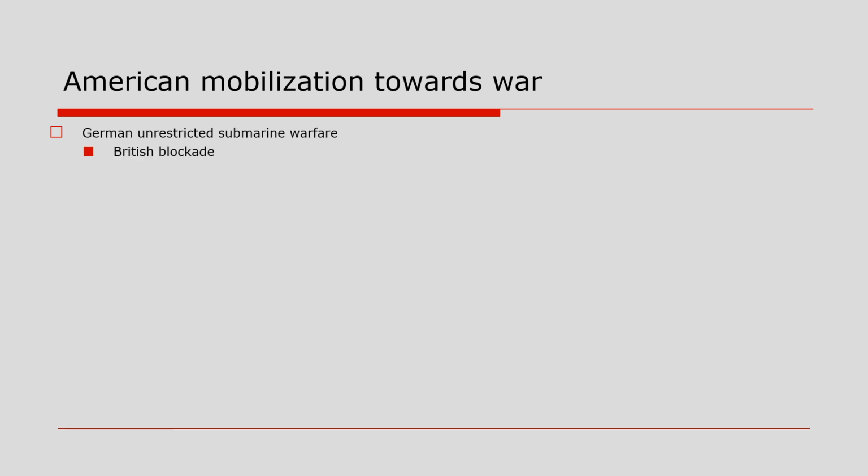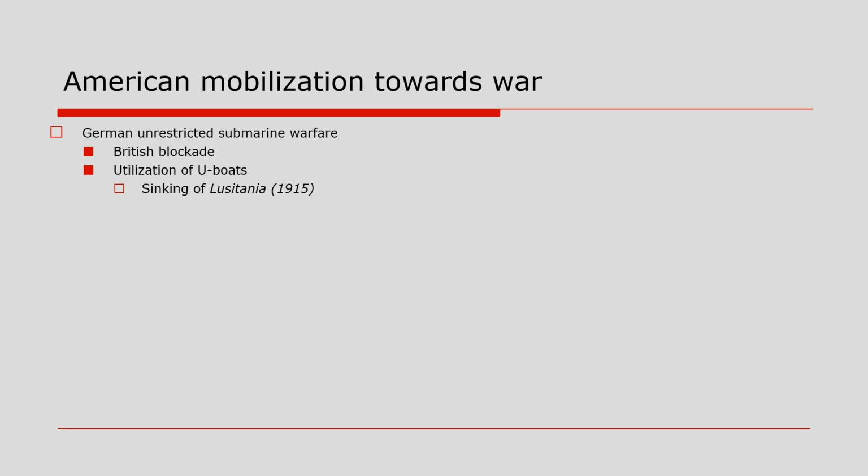One of the things that brings America closest to the war in its early stages is Germany's use of submarines, what they call the U-boats, Unterseeboats. The Germans at the start of the war are sinking ships which are aiding the Allied war effort.